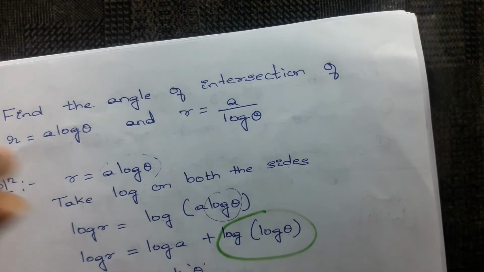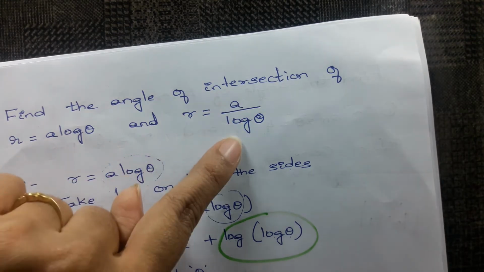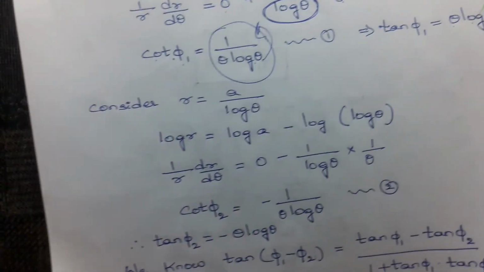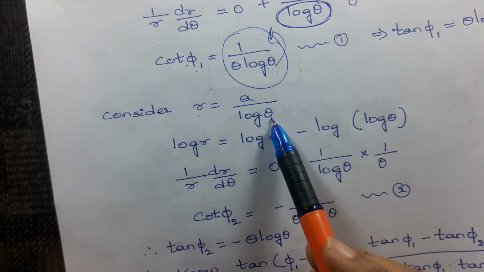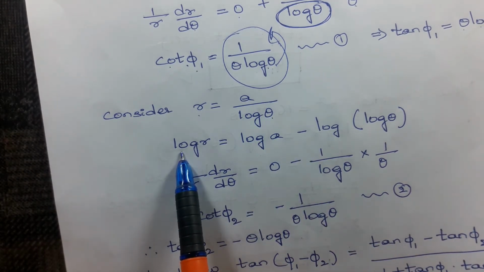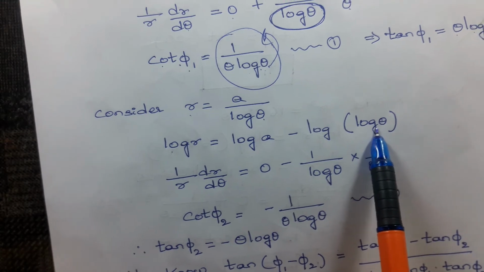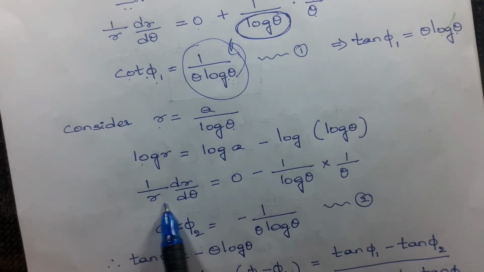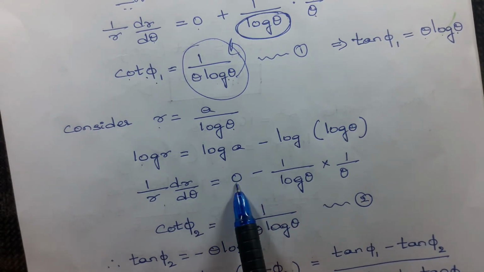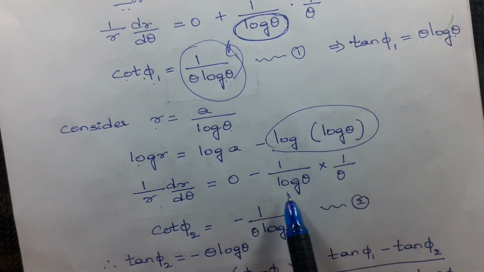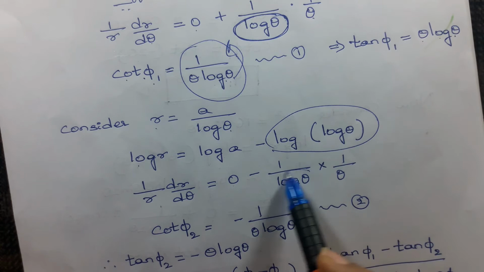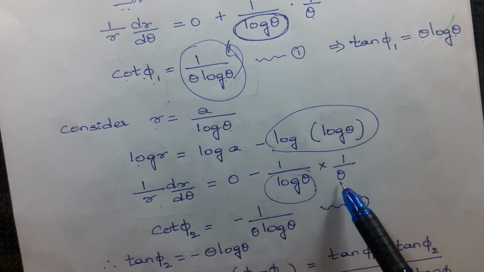Similarly, the next curve, r is equal to a by log theta. So I will consider this curve r is equal to a by log theta. Take log on both the sides again, and differentiate with respect to theta. Log a differentiation is 0. Again the differentiation of the term 1 by log theta, and log theta again if you differentiate, 1 by theta.